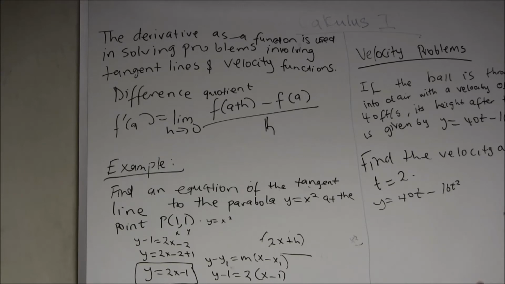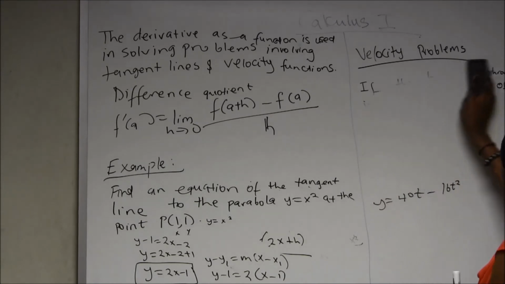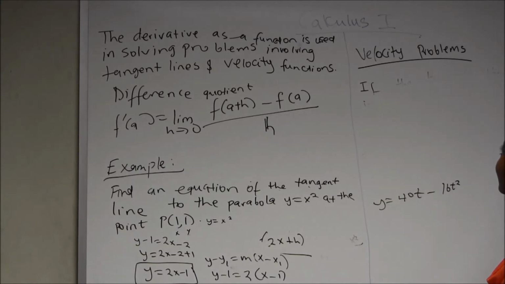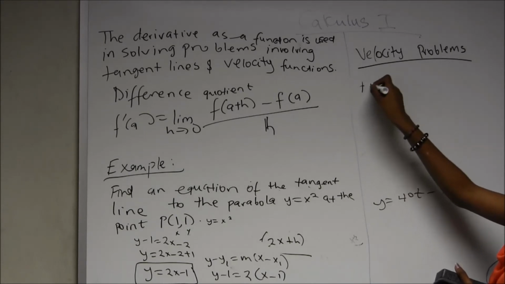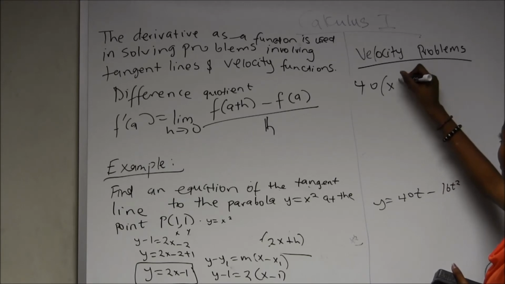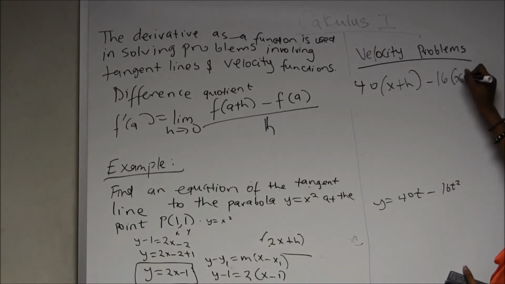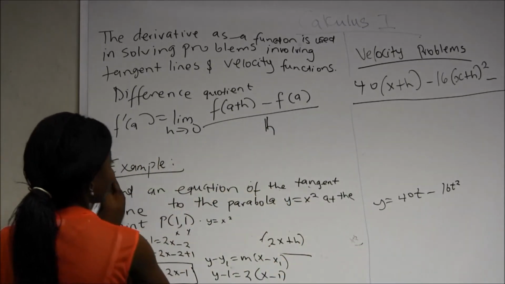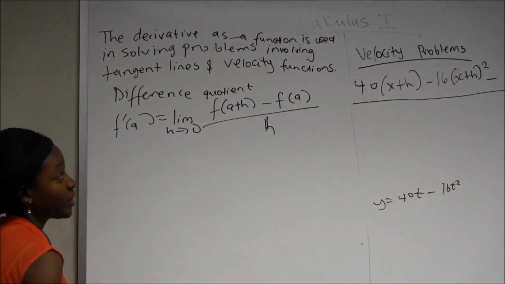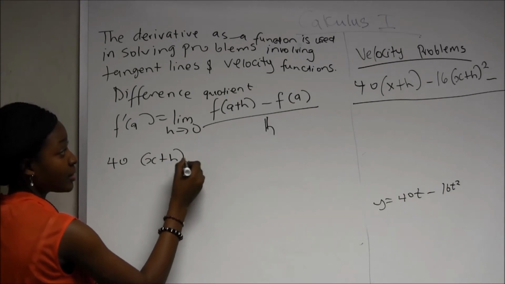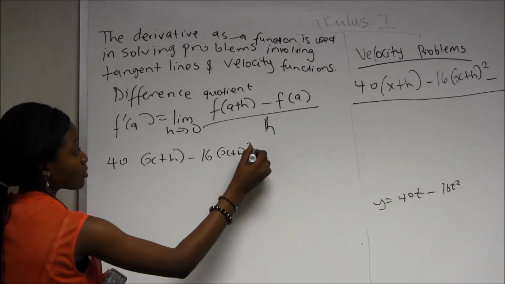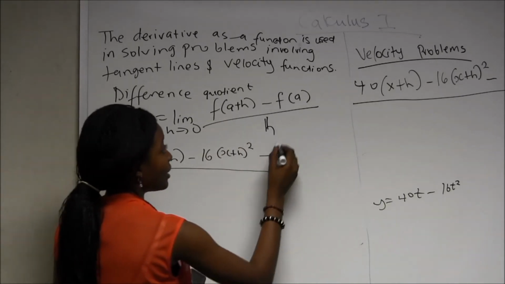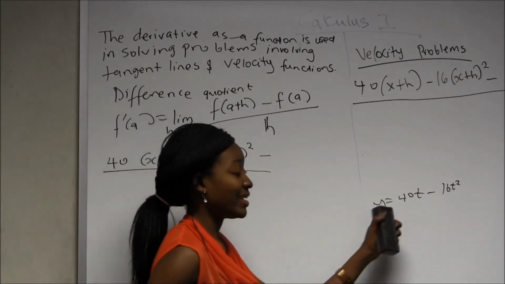Now I'm going to make use of my difference quotient to find the derivative of this formula. So I'm going to have 40(x plus h) minus 16(x plus h) all squared, minus f of x, which is the original function I was given, but I'm going to plug in x instead of t.